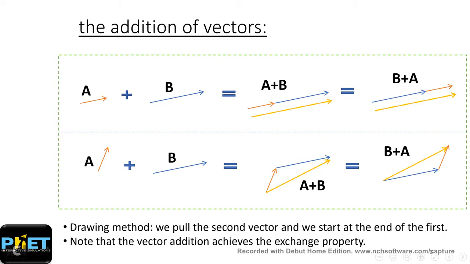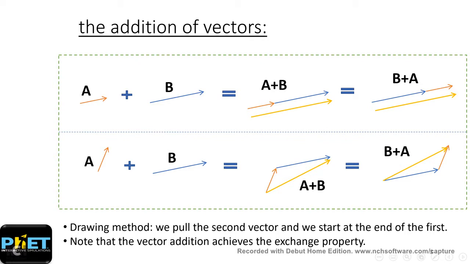The resultant vector is the orange one, which we can name C, for example. So this is A plus B, which is also equal to B plus A if we put B at the beginning and A at the end. This is the addition of two vectors in one direction.